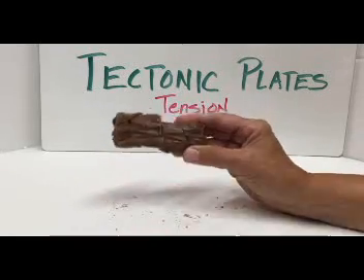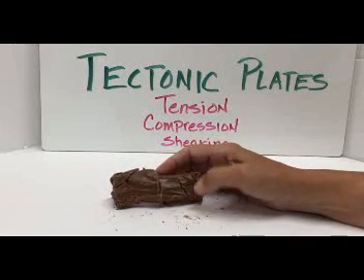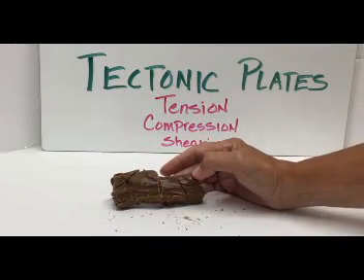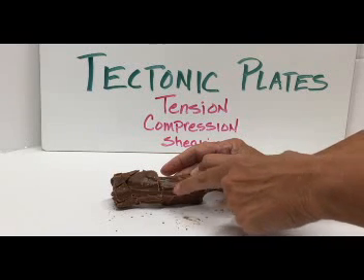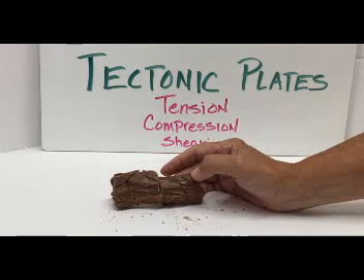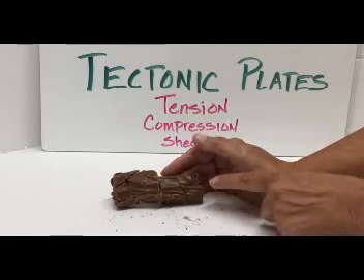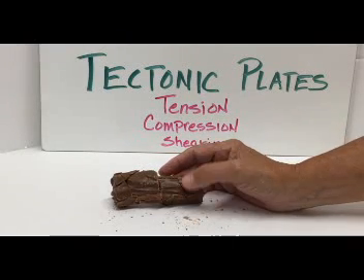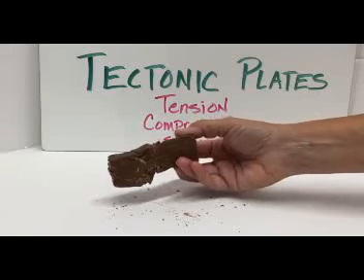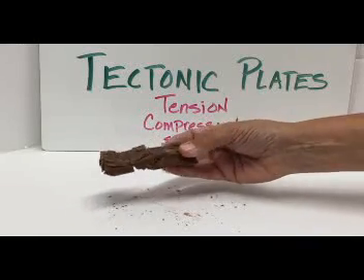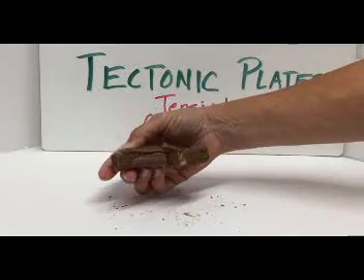What happened to that candy bar when there was shearing going on? You can see a lot of this little bit here fell off and made little bitty crumbles. The ground all the way around was terribly disturbed. In fact, it pretty much destroyed my candy bar.